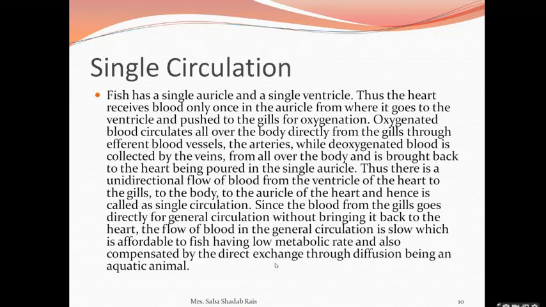Since the blood from the gills will go for the general circulation without coming back to the heart, the gills themselves will start distributing. The flow of blood in the general circulation will be very slow. So animals which have a low metabolic rate can compensate through direct exchange by diffusion, right?